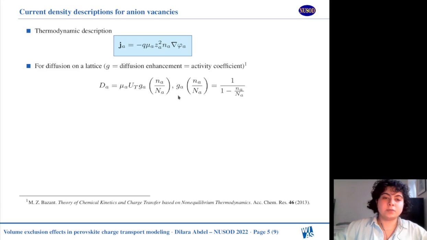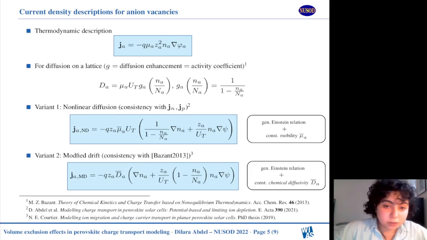Whether we assume a constant diffusivity or a constant mobility results in two different flux expressions. For example, to be consistent with the electron and hole descriptions, we may assume a constant mobility, resulting in nonlinear diffusion and this standard drift term.